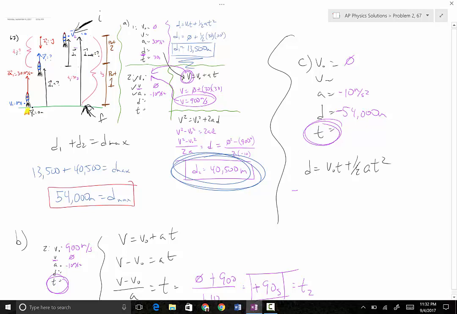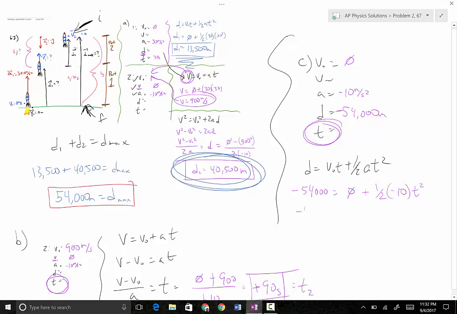Because the object is going down, so it's negative 54,000 meters equals 0, because the initial velocity is 0. So 0 times t is 0, plus 1/2 times negative 10 times the time it takes, which is what I'm looking for, squared.